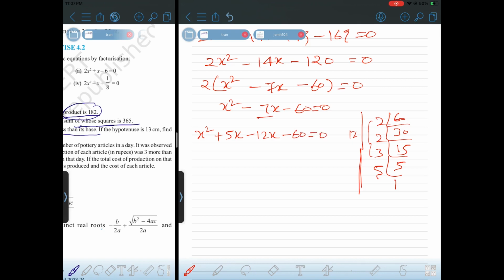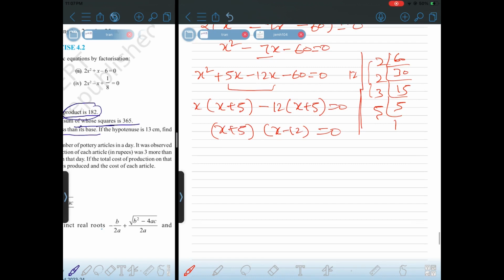Because once we have chosen 5x and minus 12x, their summation gives minus 7x, and their product gives minus 60x square. Here you can take x as common, and x plus 5 as common, and then we get x plus 5 times x minus 12 is equal to 0.